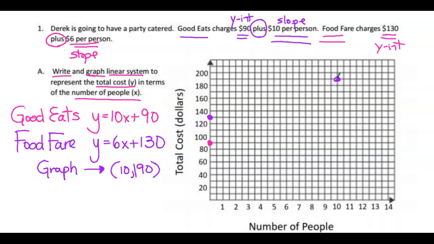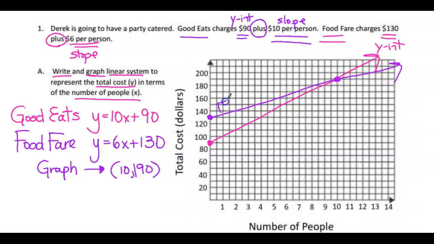So you need a line for Good Eats. I'm going to draw this the best that I can. And then I need a line for Food Fare. I'm going to draw that the best that I can. And remember yesterday, you have rulers, so your lines are going to look better than mine.